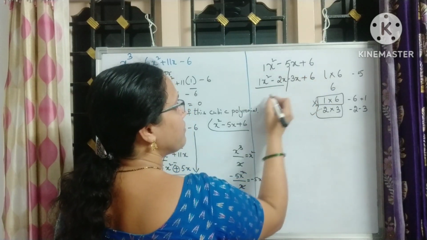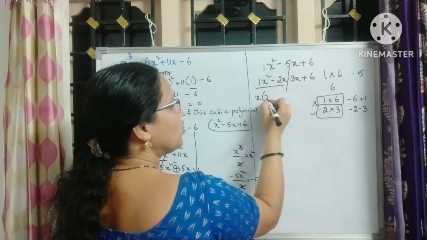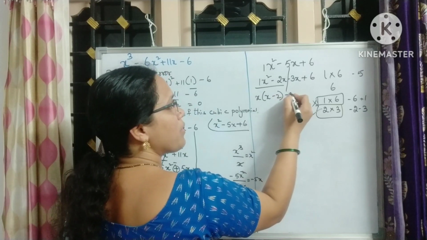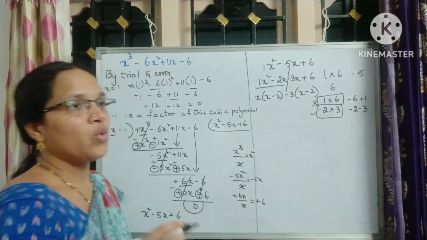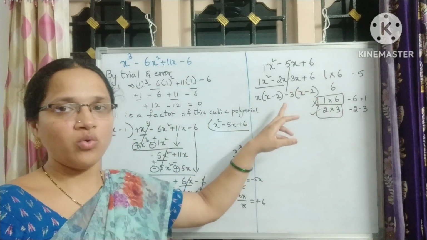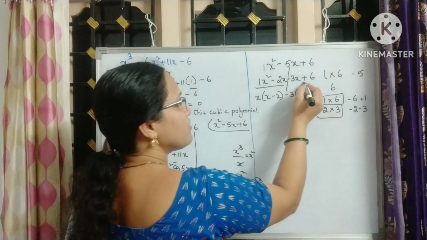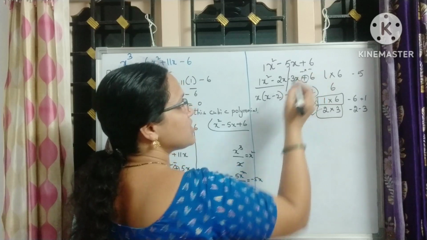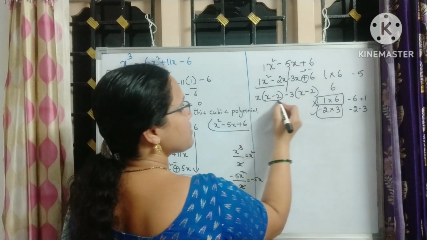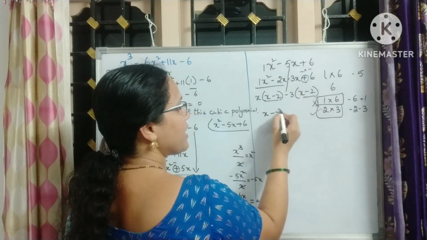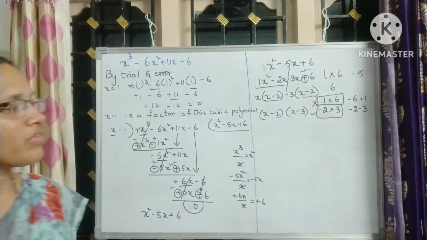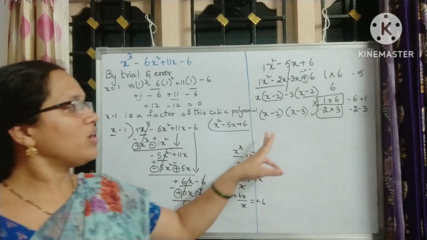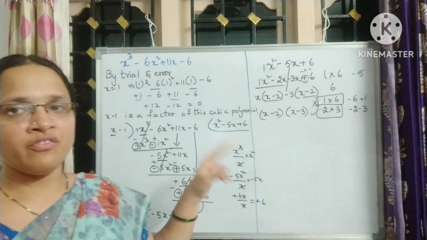Now split them. Write x into x minus 2, minus 3 into x minus 2. I already told you, when we are taking the negative common out, this positive can be written as minus into minus. Now as the brackets are same, x minus 2 into x minus 3. So after factorization, we got two factors here.